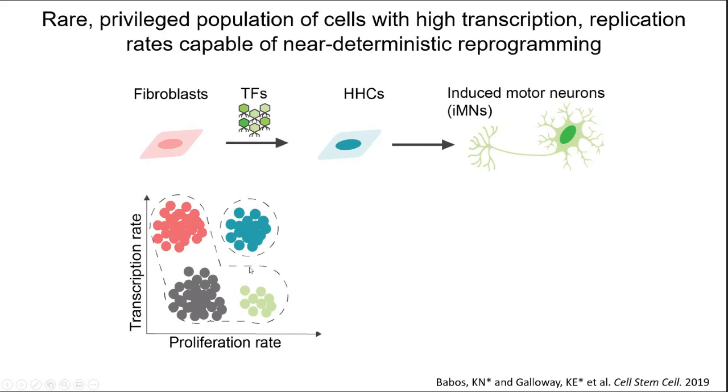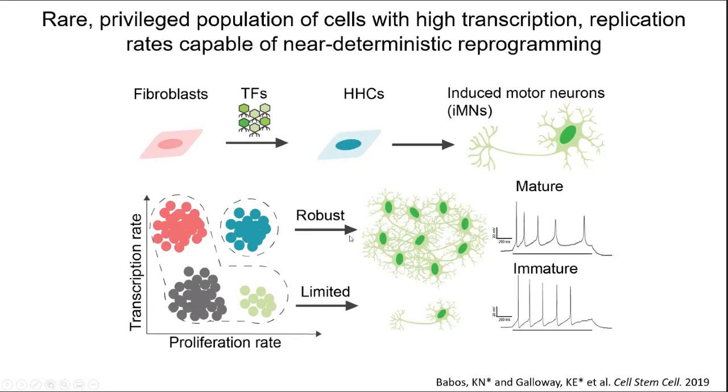But if you could expand that population, and as we were able to do, we found that those cells would reprogram very robustly at high rates, and were also marked by signatures of maturity, both at the transcriptional level and functionally. And so the quest to understand this was then what are the mechanisms that actually undergird this process, and why is this process rare? How do we promote it?